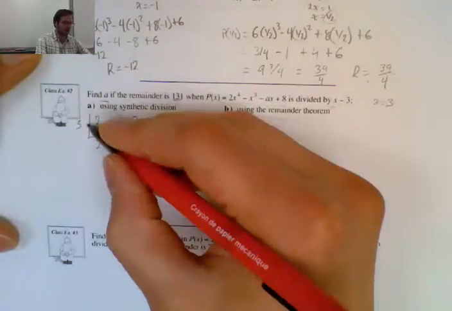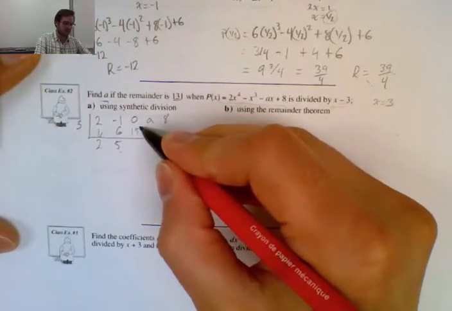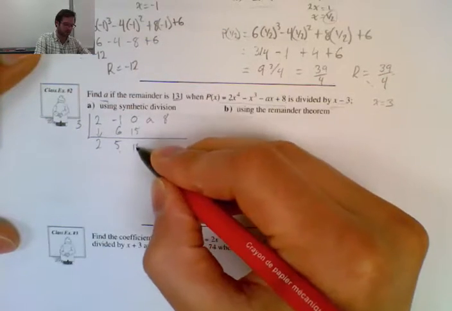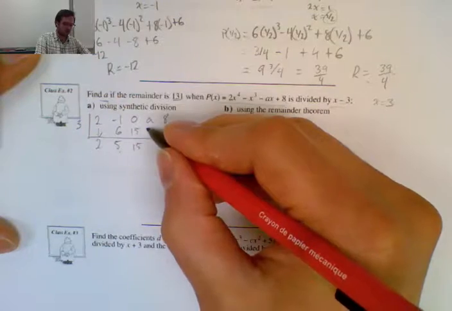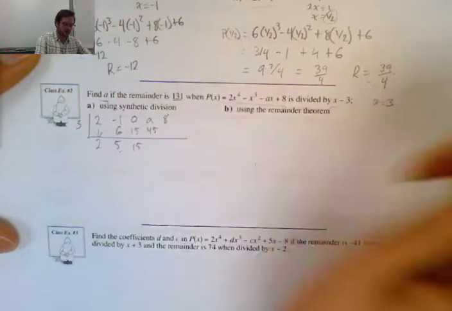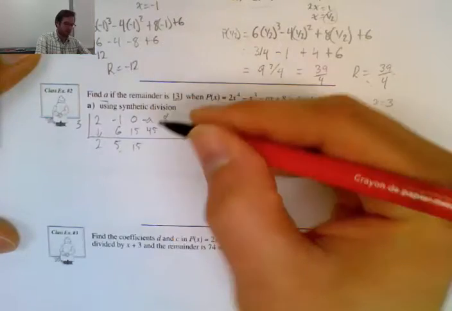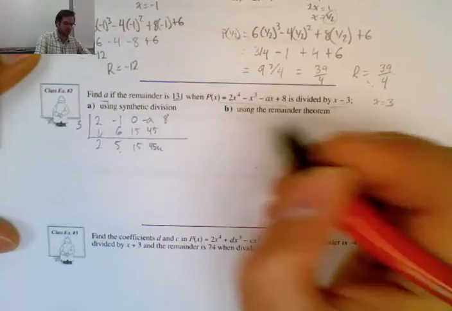When we add those together, 3 times 5 is going to be 15. 15 plus 0 is 15. Then here we're going to go 3 times 15 is going to be 45. And then we're going to end up getting, it's minus a, no mistake there, 45, subtract a for this part.